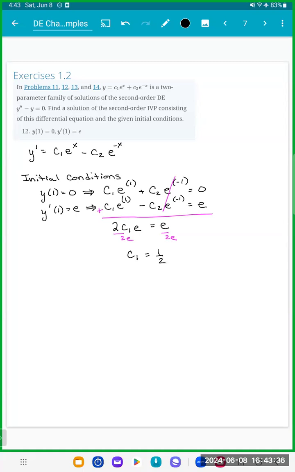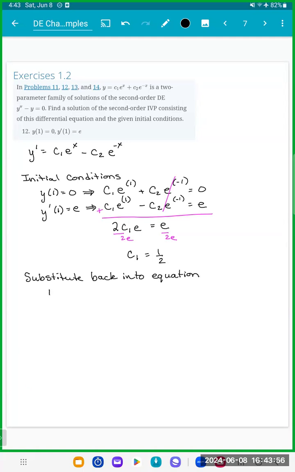Okay, so we can substitute that back into our equation.